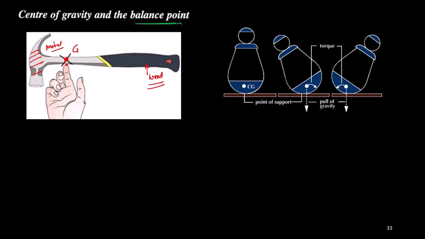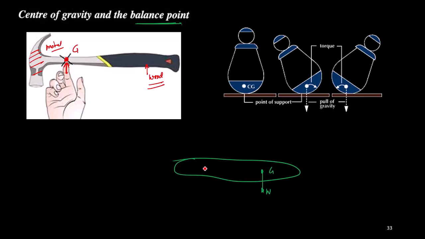If you place your thumb or finger at this location, that means you are applying a force there. With this particular tip of the finger, you can balance the entire object. Once the object has to be balanced, it has to be in zero moment, so you have to put the support at this G location, from which the entire weight is acting.